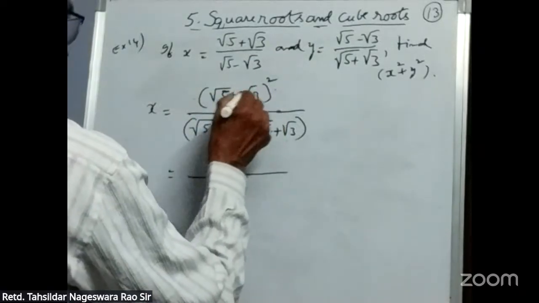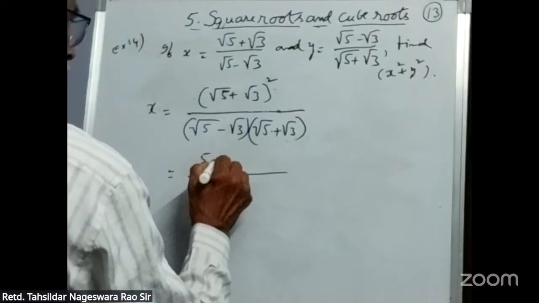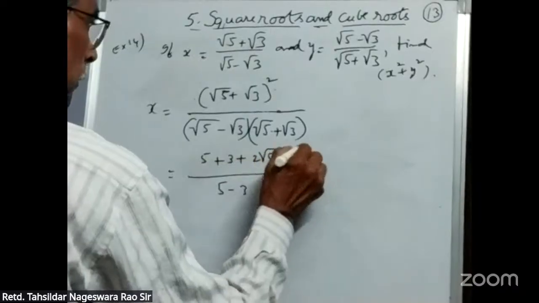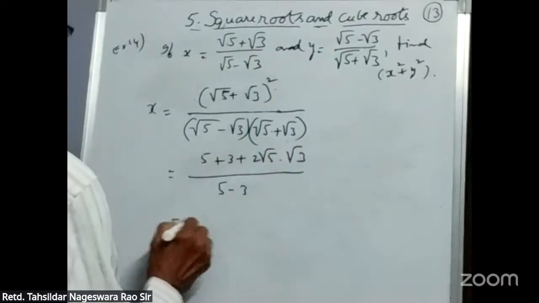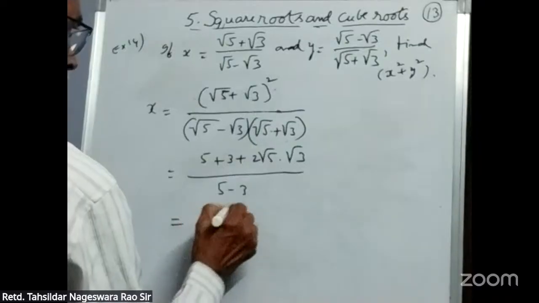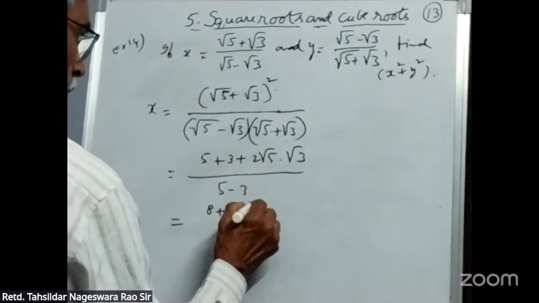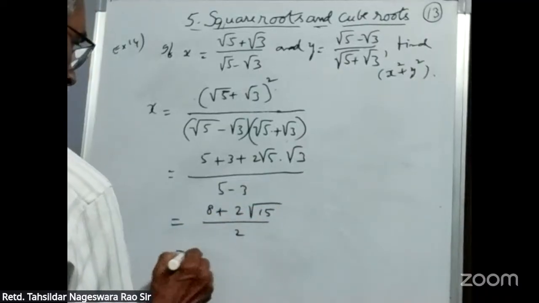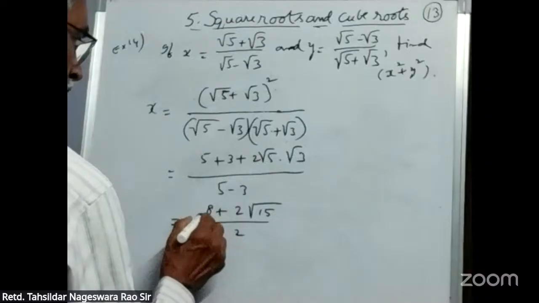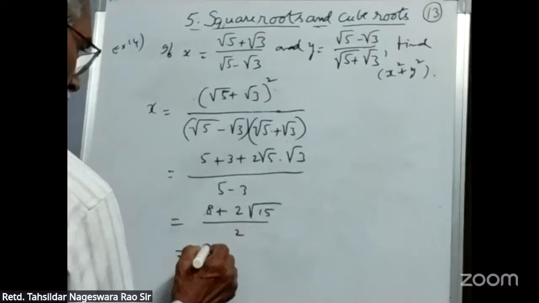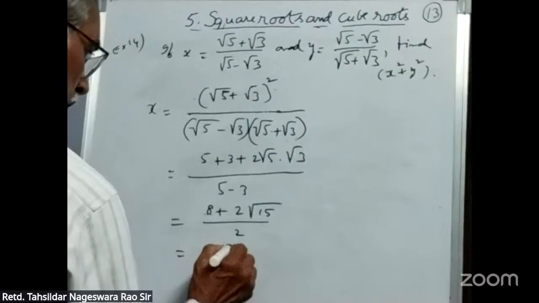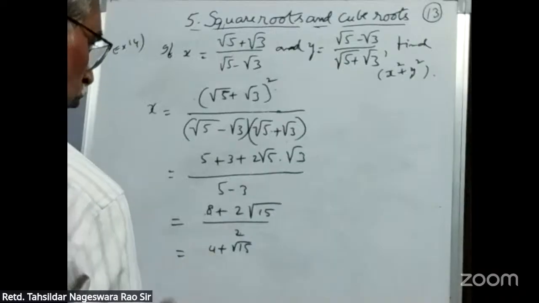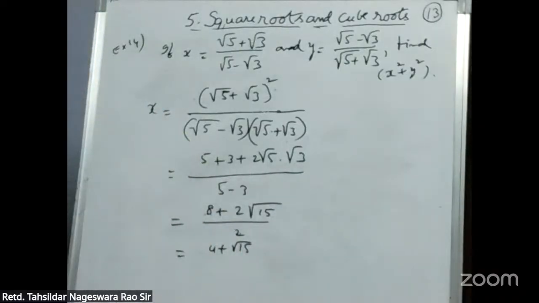Root 5 plus root 3 whole square: root 5 square 5, root 3 square 3, plus 2 root 5 root 3. That will be 8 plus 2 root 15, by 2. 2 is common in the numerator, so taking 2 common, 2 cancels. 4 plus root 15 is the x value.